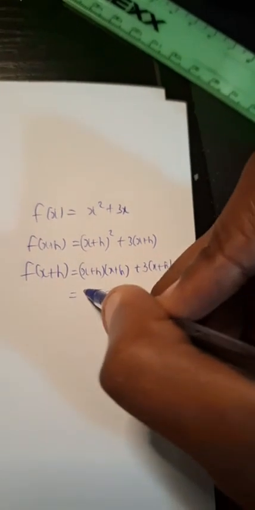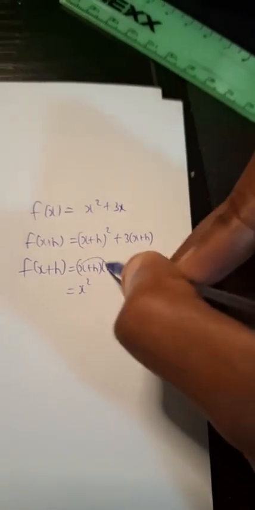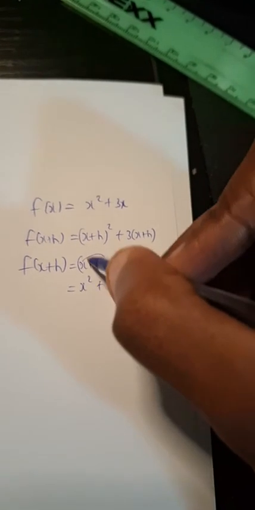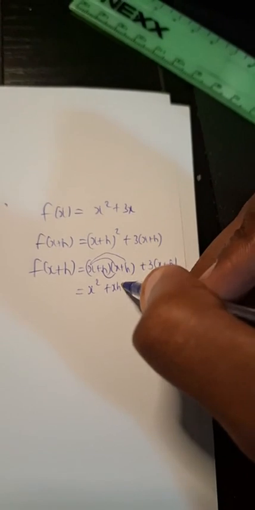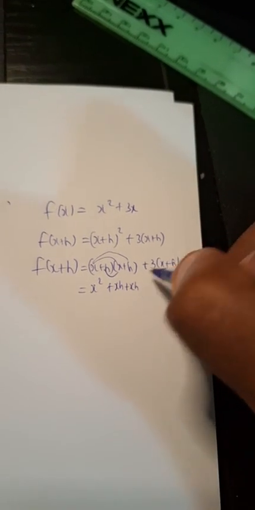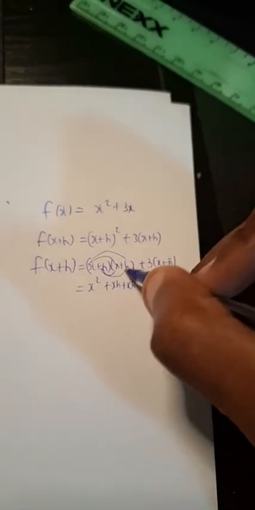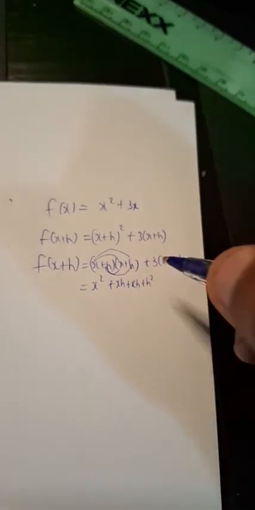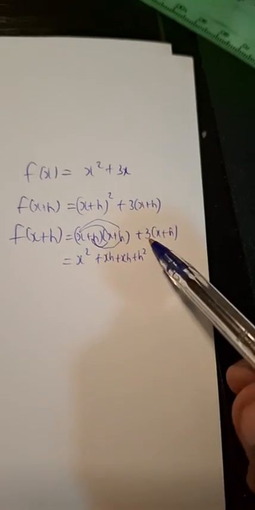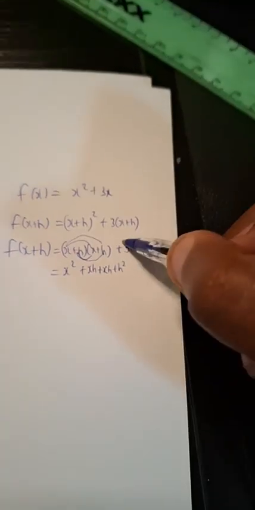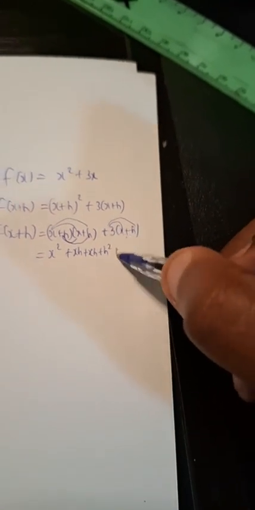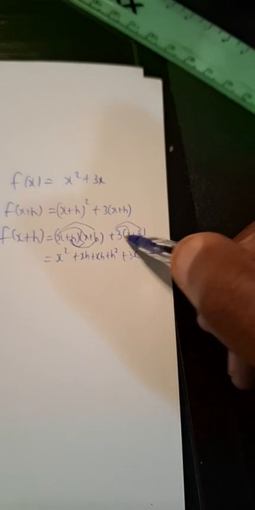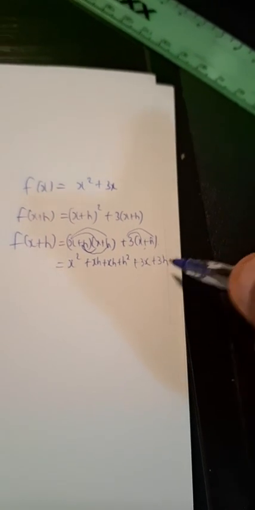So what we then do is we FOIL. x times x is x squared, x times h is plus xh, h times x is xh, and then h times h is h squared, right? Then furthermore, we take the 3, we distribute it inside the binomial there, 3 times x, which is positive 3x, and then 3 times h, which is positive 3h.